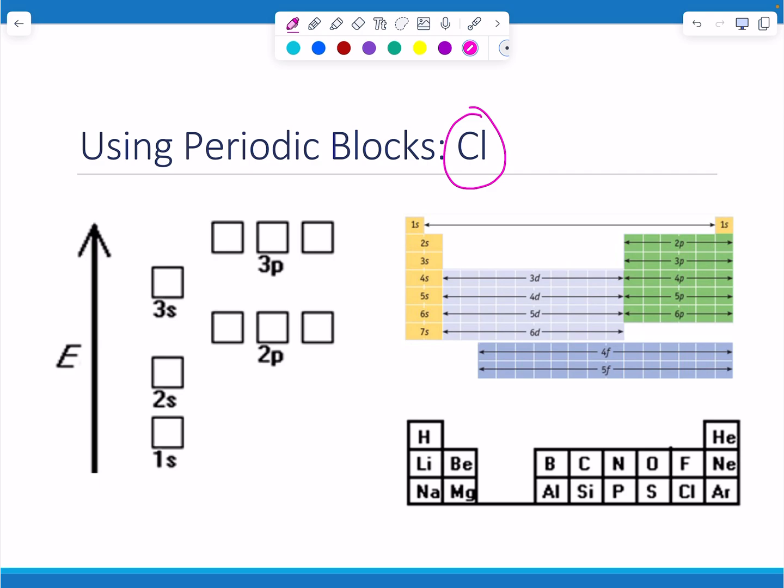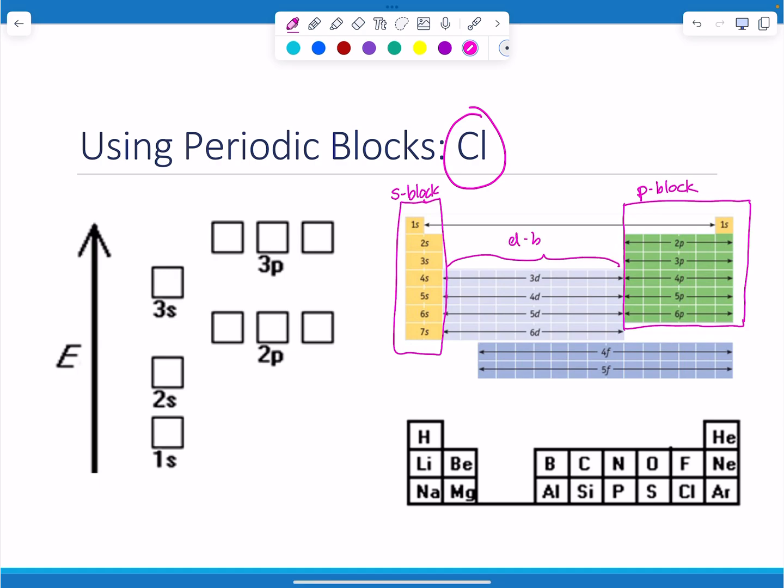If you look at the periodic table, it's kind of 2 towers with a flat area in the middle. Our left tower is what we call the S block. The right, with the exception of helium, because it's very small, is called the P block. And this in the middle is called the D block.